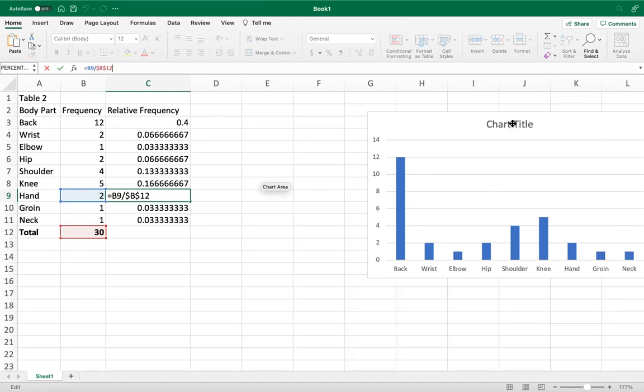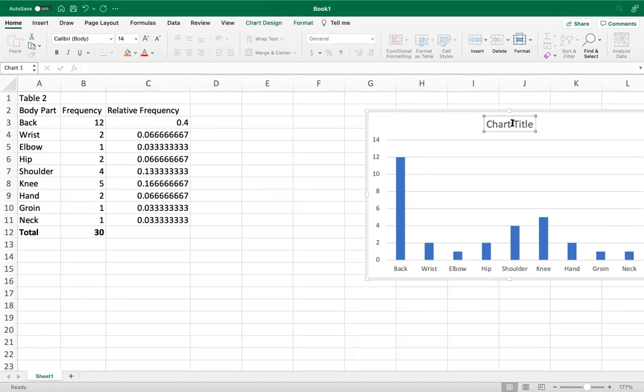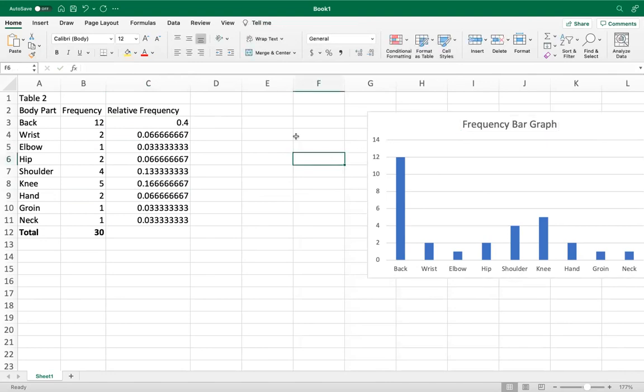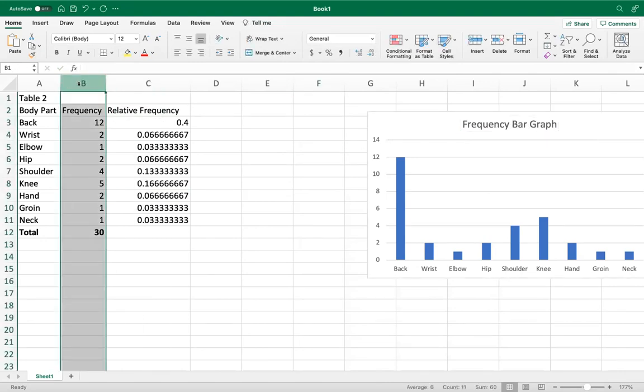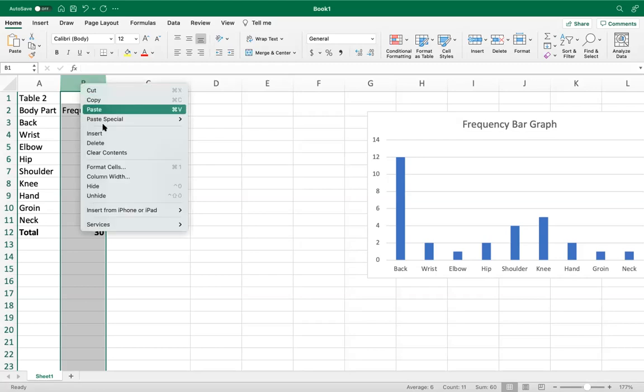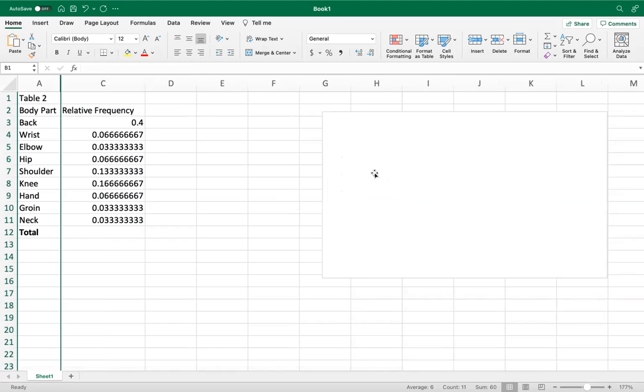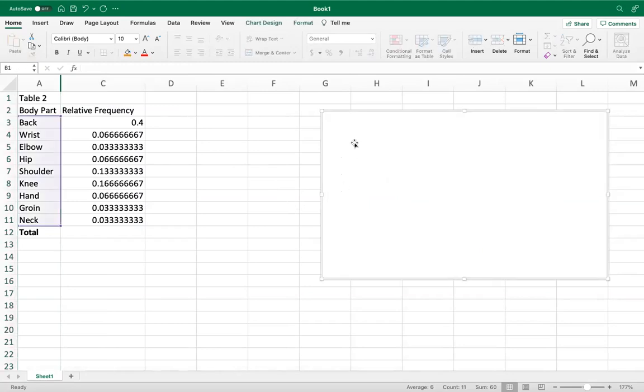All right, so now this chart, remember, this one is our frequency bar graph. And now we're going to work on our relative frequency bar graph. So let's hide this. So backspace and then say hide. And that kind of ruined it for this data right here.